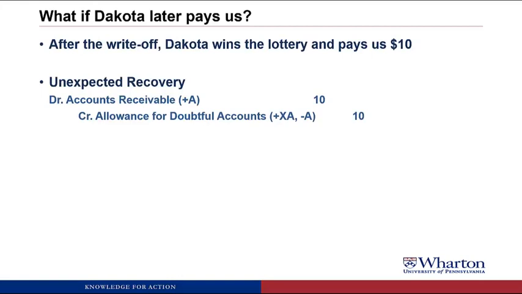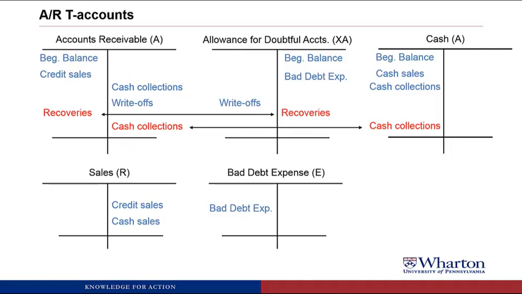Now that we have restored the accounts receivable, we can go ahead and record the cash collection. So we debit cash for 10 because we received $10 of cash from Dakota, and we credit the accounts receivable for 10 to represent that we've collected the cash on the receivable that we recreated through the prior entry. So recoveries require 2 entries.